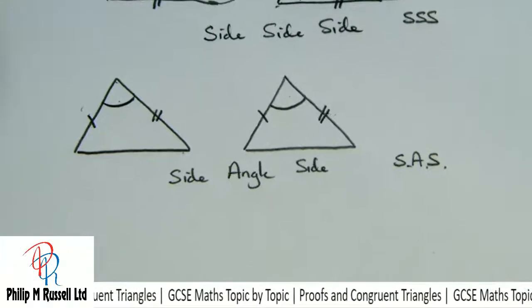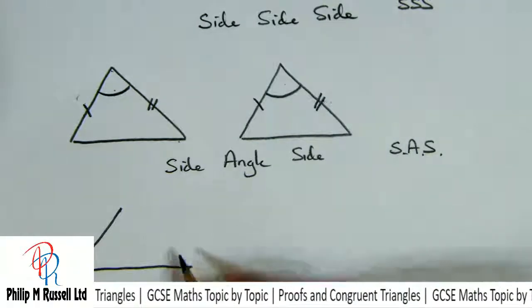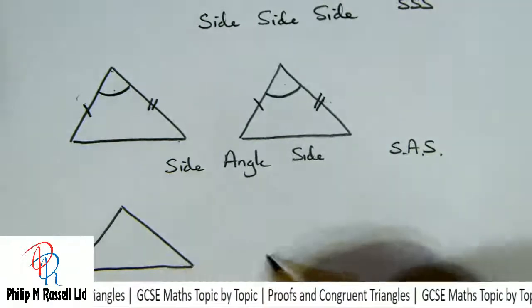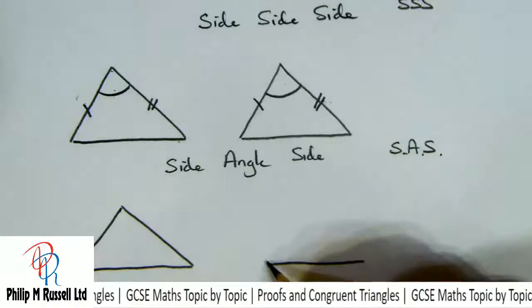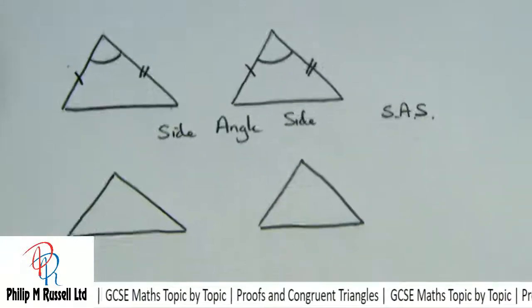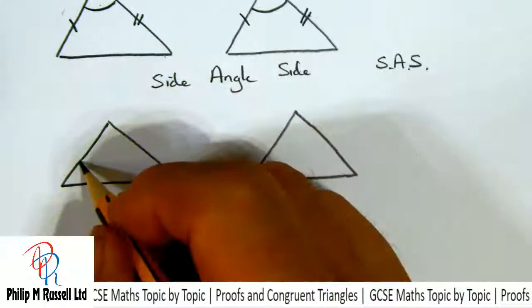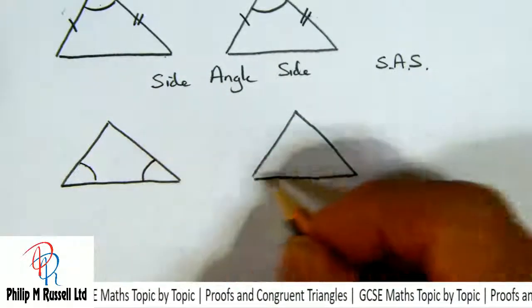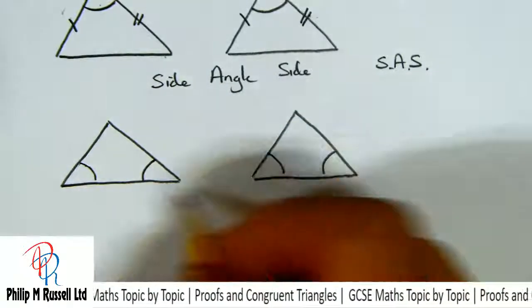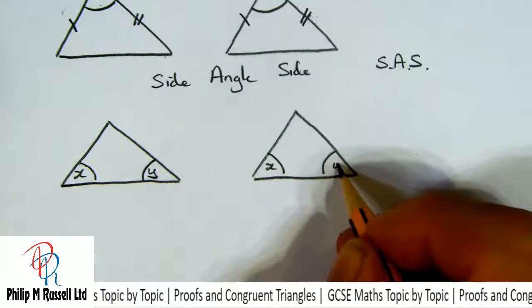Let's have another triangle pair. And with this pair, let's suppose we can prove that this angle and this angle here, angle X and angle Y, are the same.